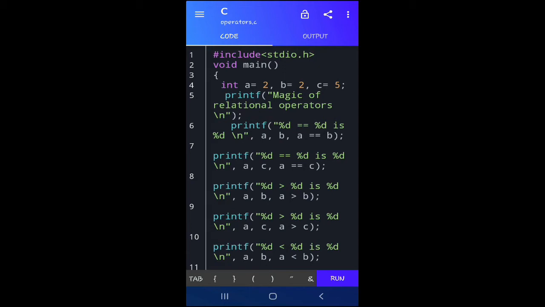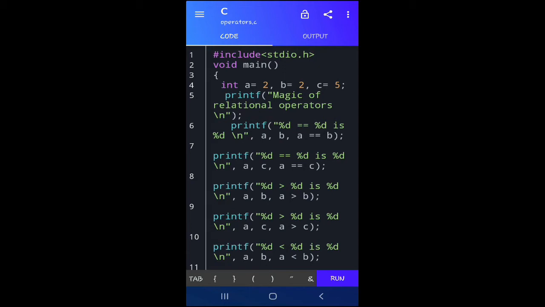Compound relational operators are most of the time dependent on logical operators. As we know, relational operators are mostly used in decision making and loops, and so are our logical operators.